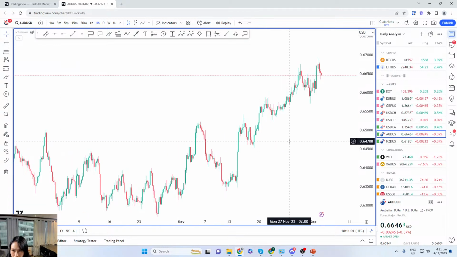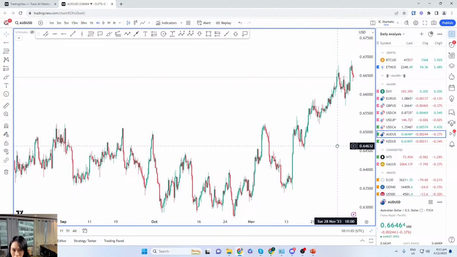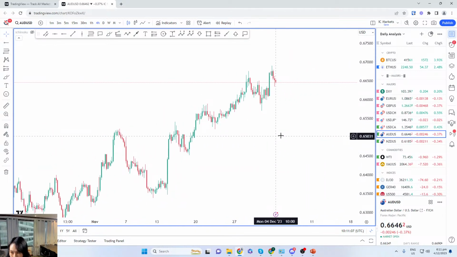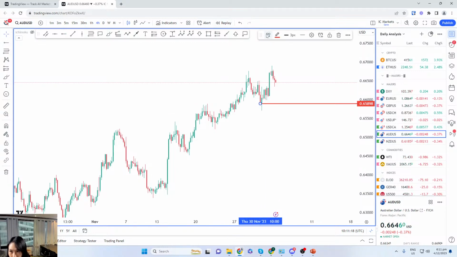Okay, so let's take a look at some of the key levels. This will be my first support.